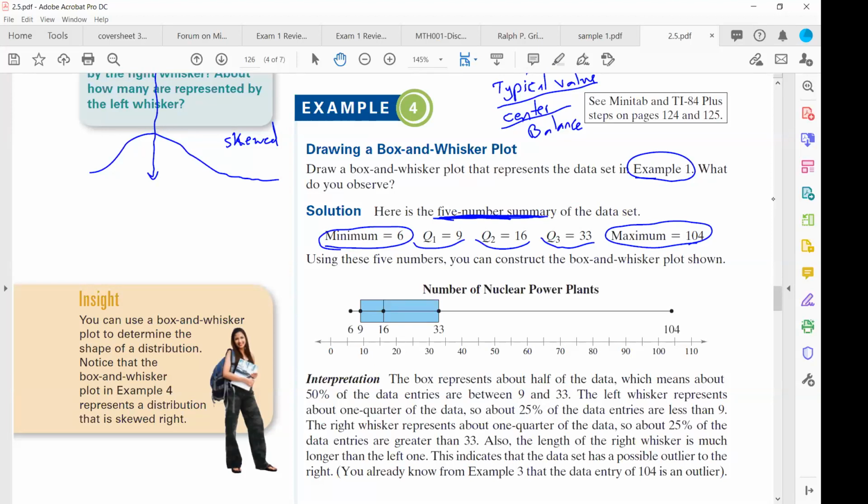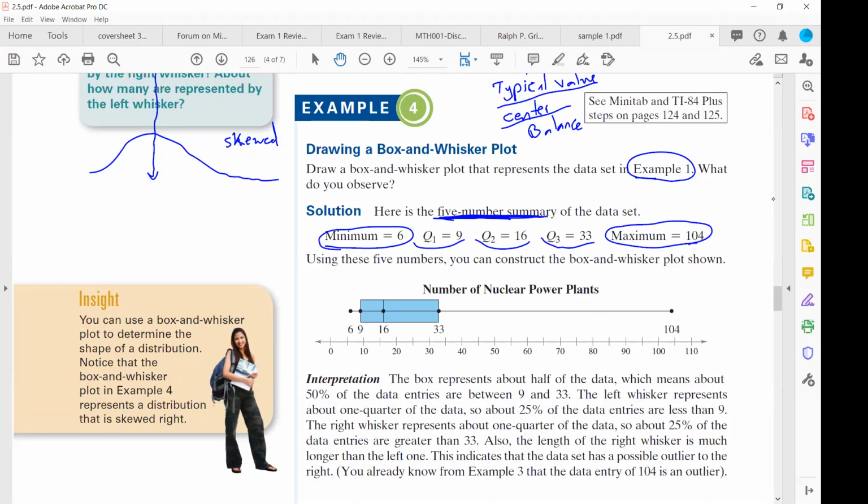As you can see, we have vertical line segments to identify those quartiles because we want to form a box to show that the majority of the data are located here.